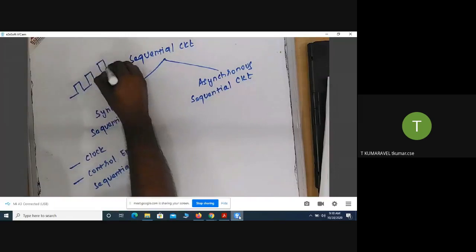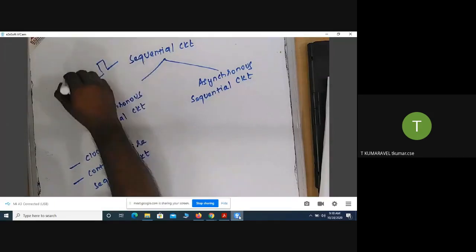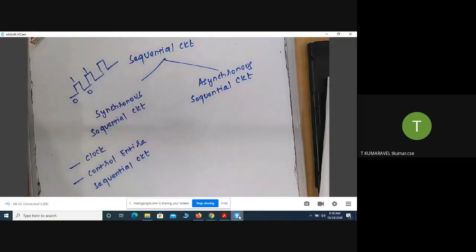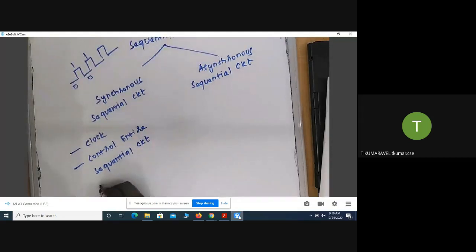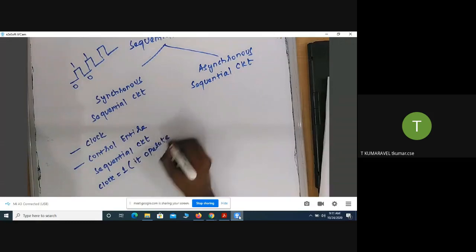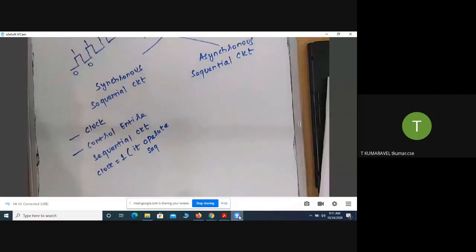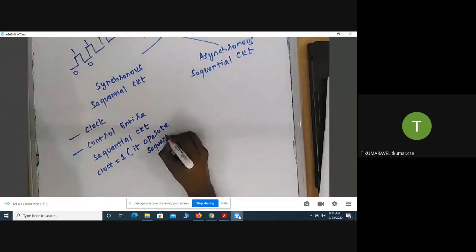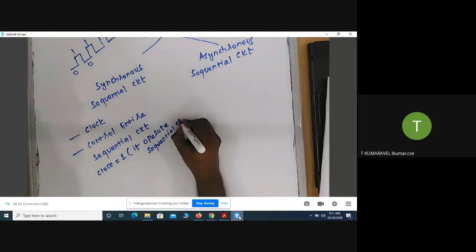How are we going to generate the clock? Make use of a clock generator. Whenever the clock value equals 1, the sequential circuit operates.